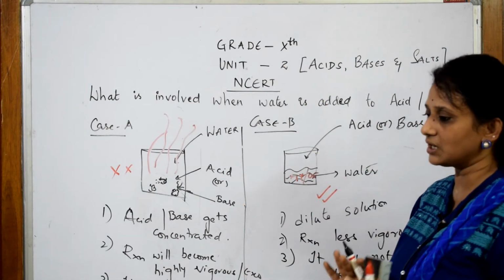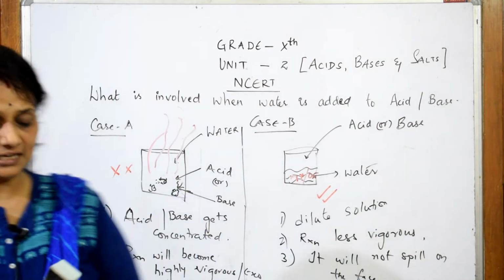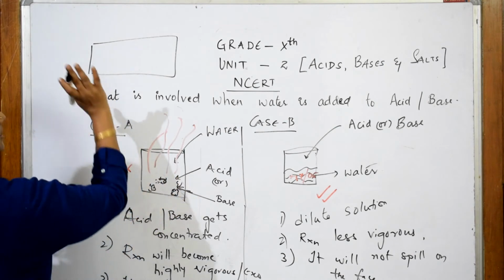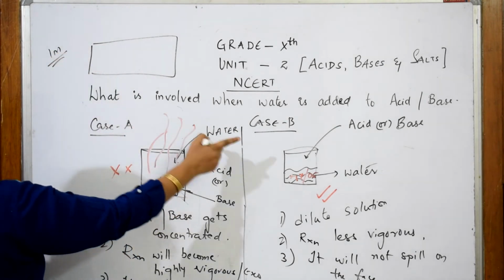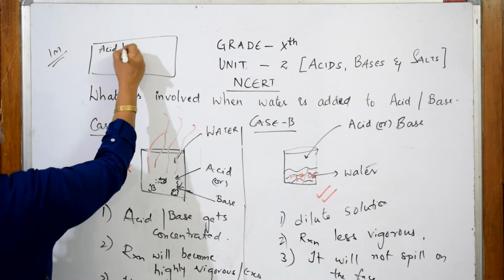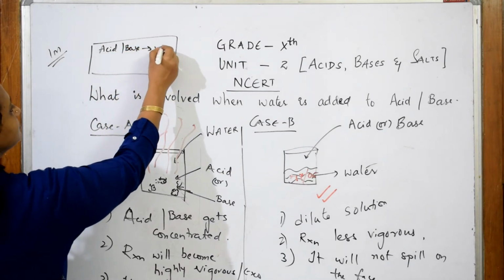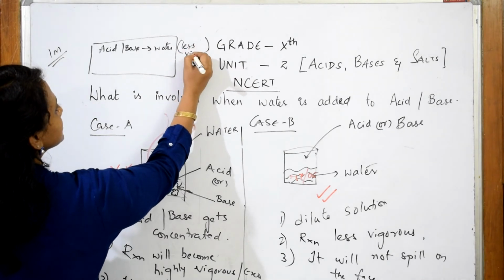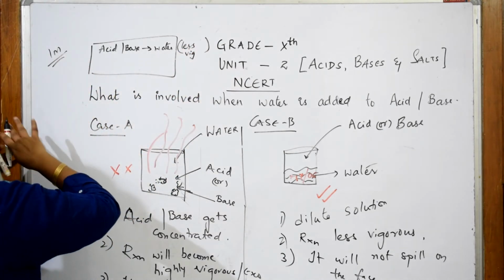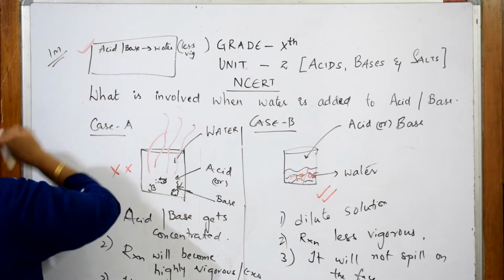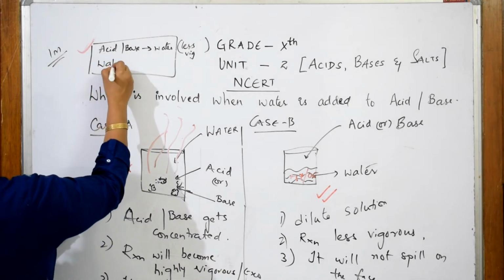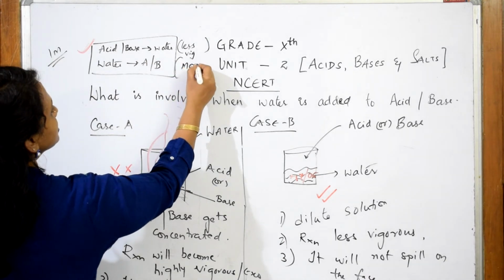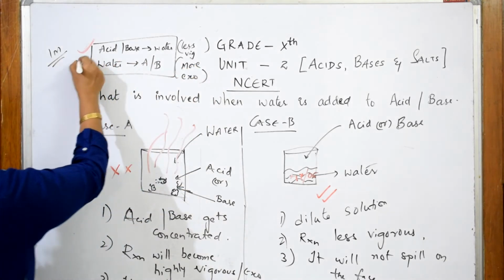If it is a 1 mark question, simply write this and put it in a box: you should add acid or base to water (in brackets, less vigorous). Adding water to acid or base is more exothermic, so this is not applicable.